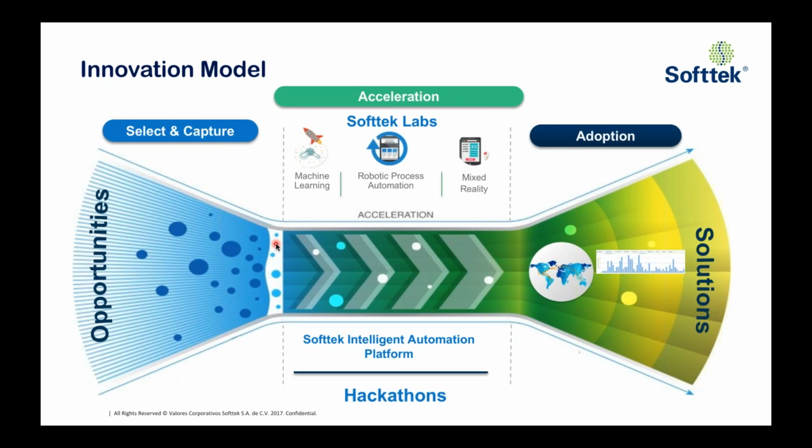We have machine learning labs, robotic process automation, mixed reality, as I mentioned, right? The other thing, we have an automation platform that helps us automate some of this process, and we do a lot of hackathons to see how we could improve PPM and the project management work or arena in SoftTech, and many other topics also, but in this case it is relevant to the project management ideas.